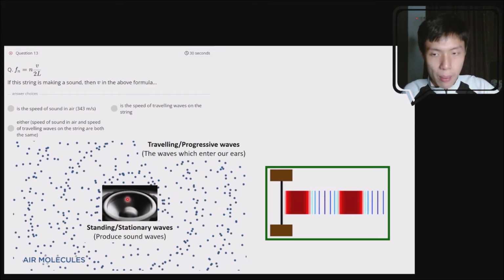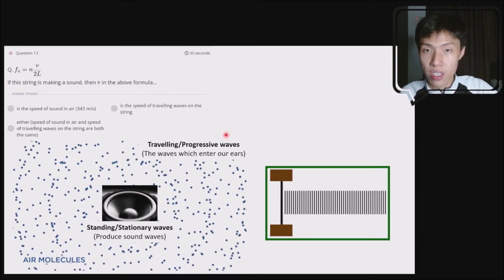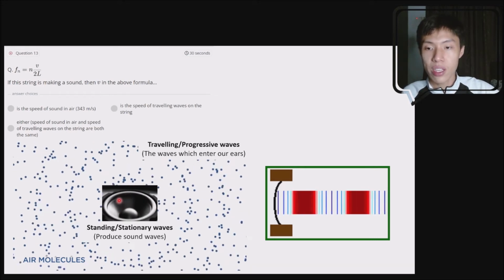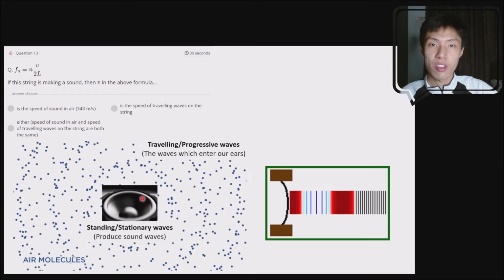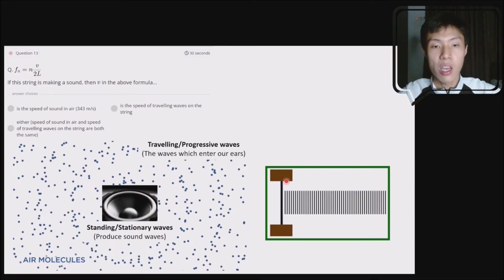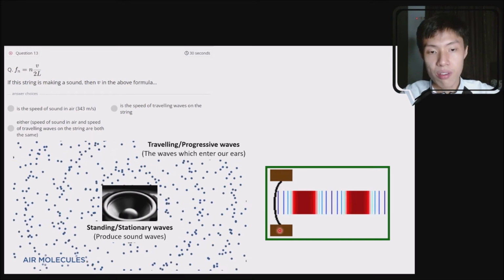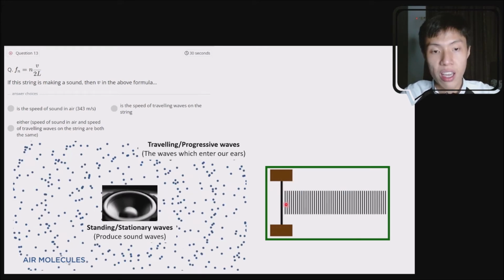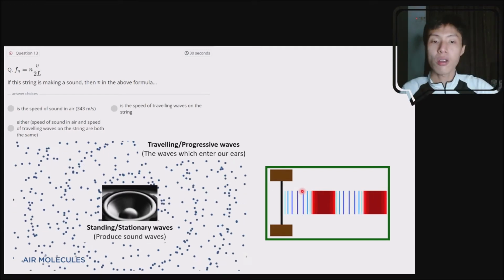But how does this standing wave translate into the sound that you hear? Well, when this kind of standing wave is happening, there are air particles around the speaker. When the standing wave happens, the particles neighboring the speaker membrane or the string are being pushed and pulled by it.